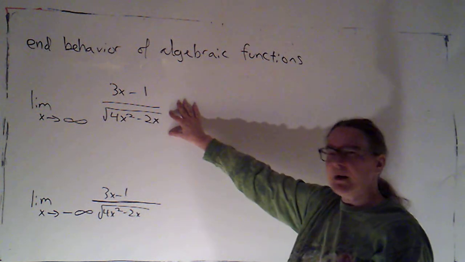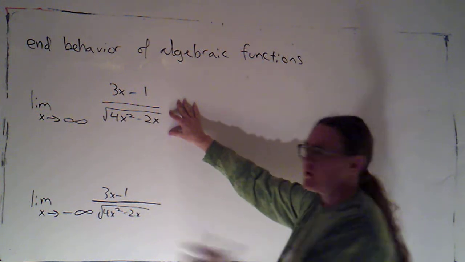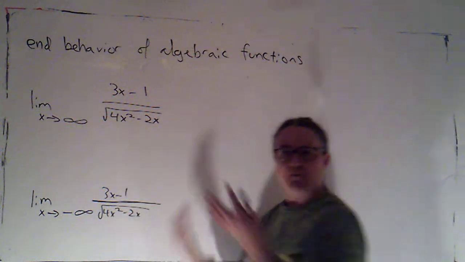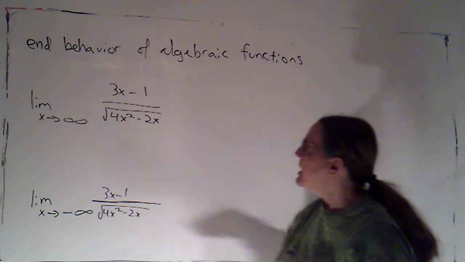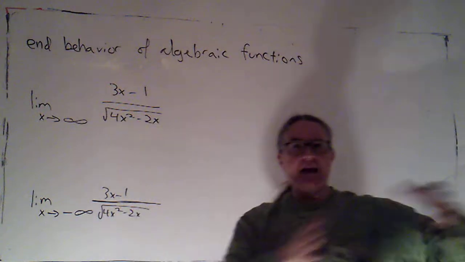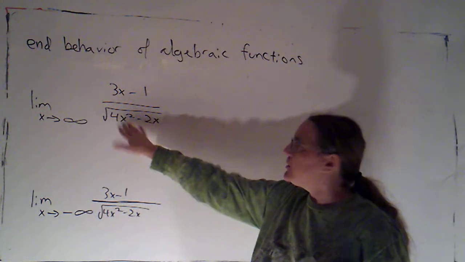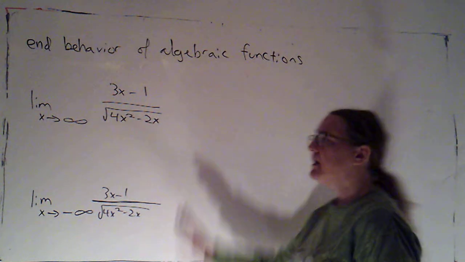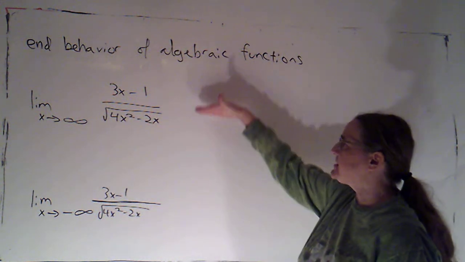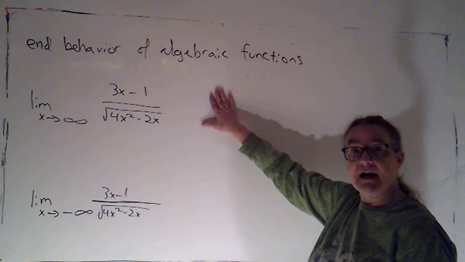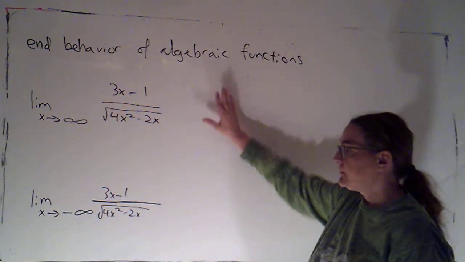The smallest a square root can be is 0. Of course, if this were 0 on the bottom, this would be undefined and not in the domain. But as x gets big enough, we move away from the x values that would make this 0. And so we're going to get something that's positive. So this fraction is going to be a positive over a positive. We're going to get a positive limit.